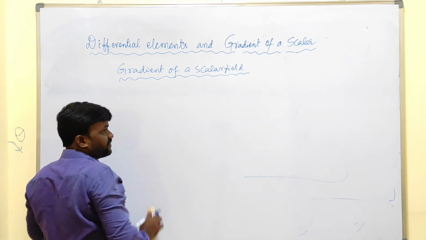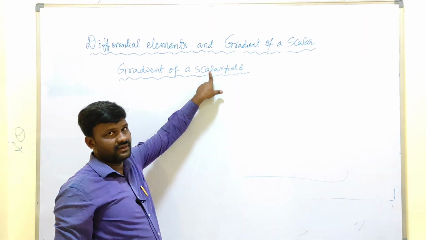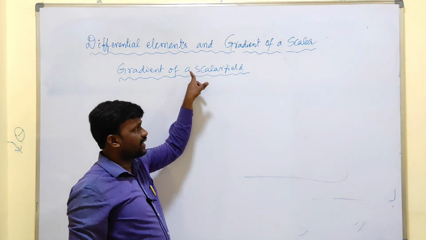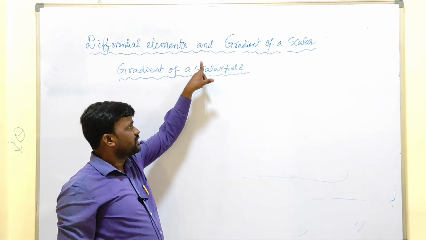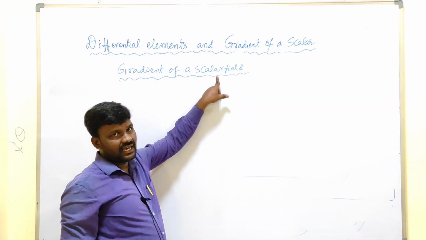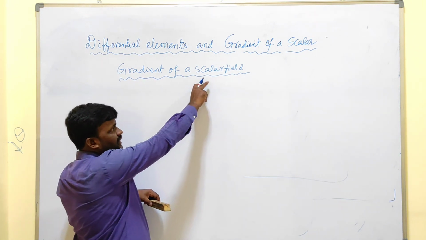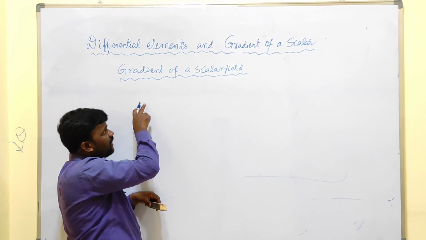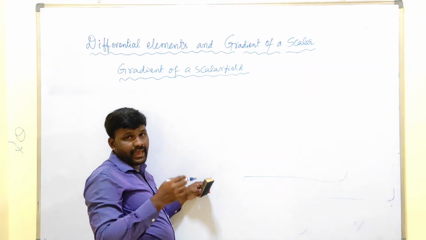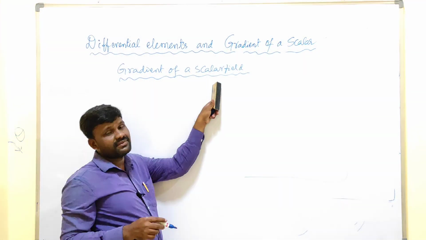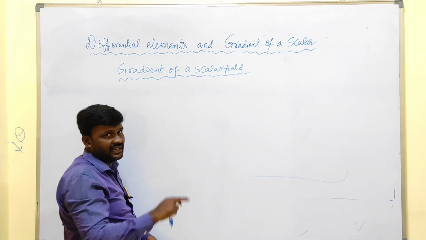Here it represents the maximum space rate of change, or we can say maximum space rate of increment, of the scalar field. We will see how this gradient represents the maximum space rate of increment of a scalar field by deriving the formula for this gradient.